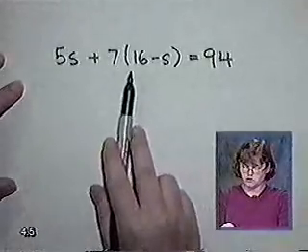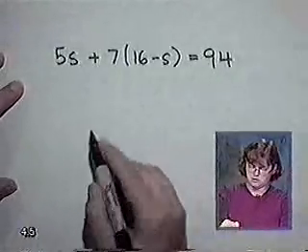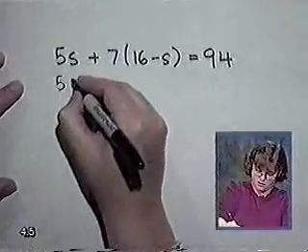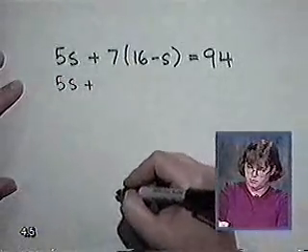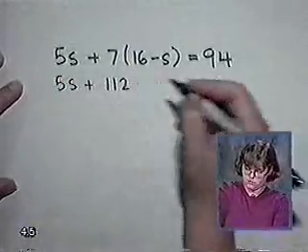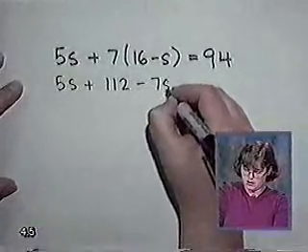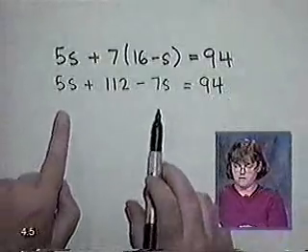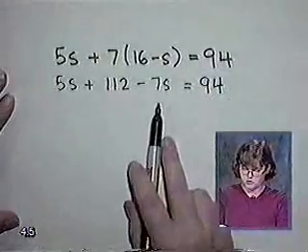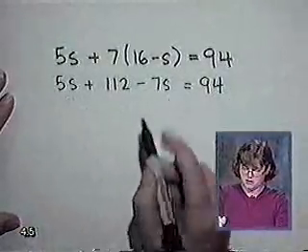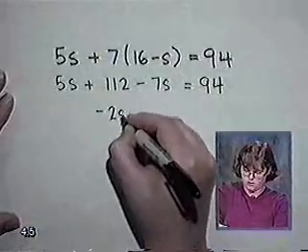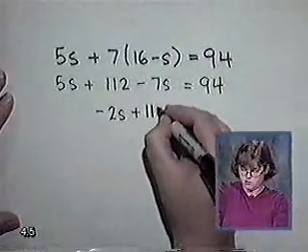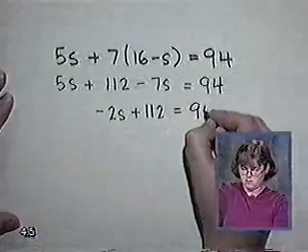So the first thing I will do is distribute this 7. 5S plus 112 minus 7S equals 94. On the left-hand side, I will combine like terms. 5S minus 7S gives me negative 2S plus my 112 equals 94.